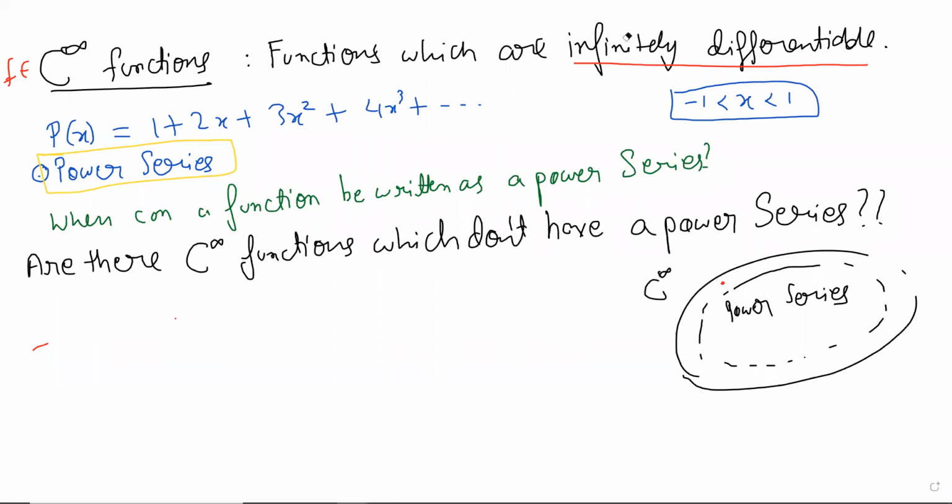But here is the thing. Let me change this series and make it a general series. If p(x) is a power series, and let's say we expand it like a1x, a2x squared, a3x cubed, and so on. It just goes on.